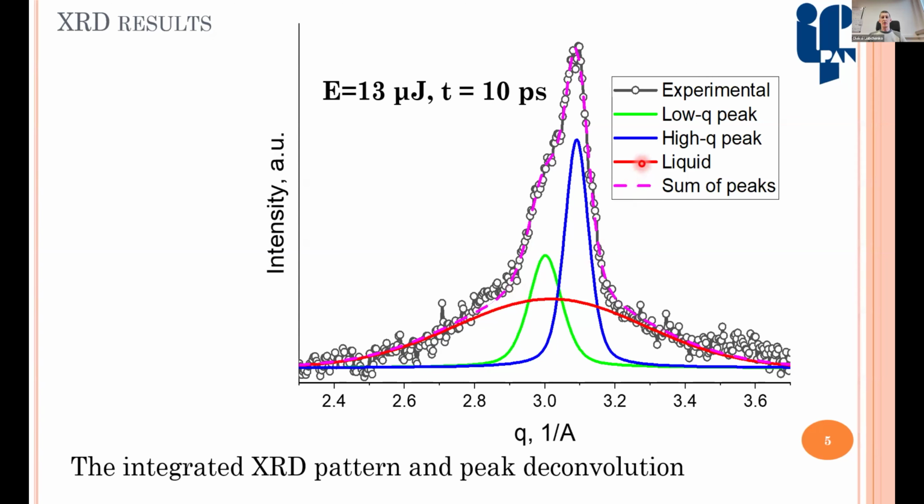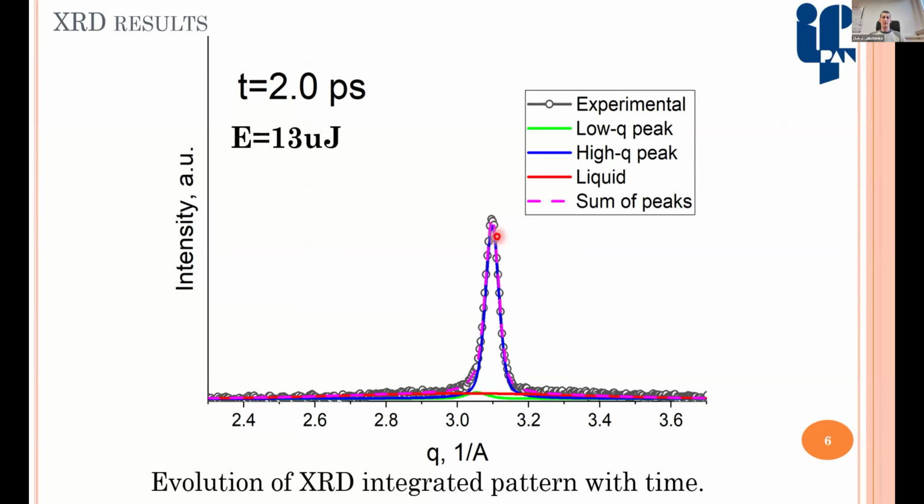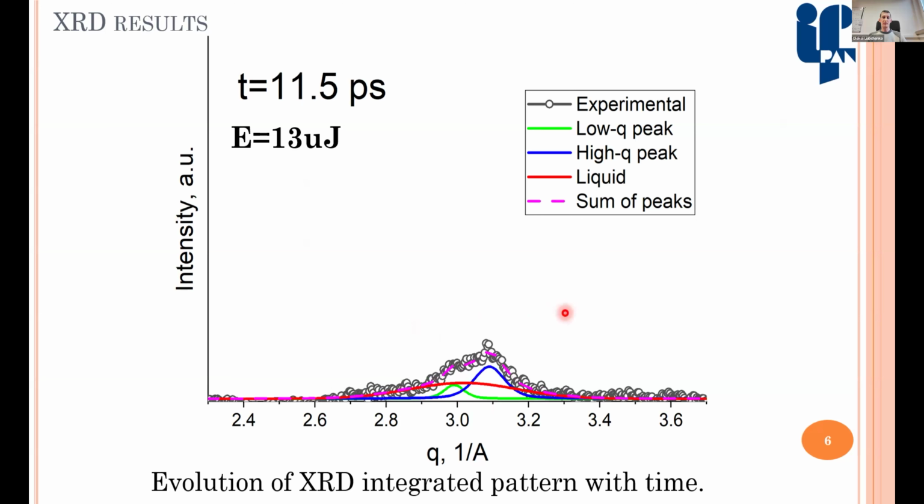We call these peaks low Q and high Q according to their position in Q. And how do the dynamics look? Intensity decreases as expected, some melting occurs and liquid halo scattering appears, and what is interesting is that an additional Bragg peak appears after melting.